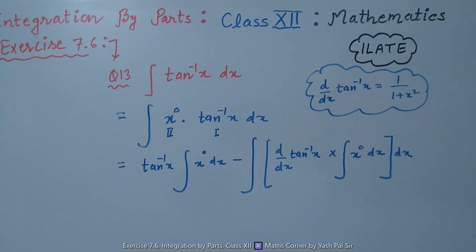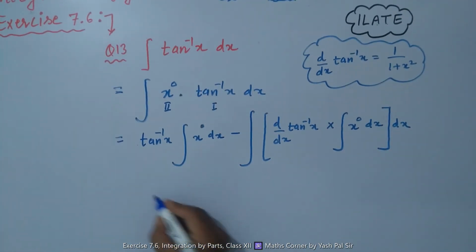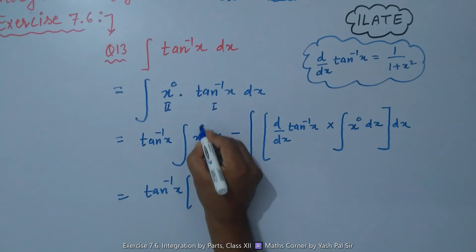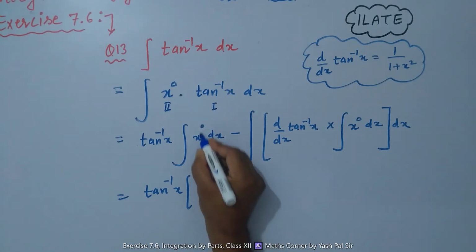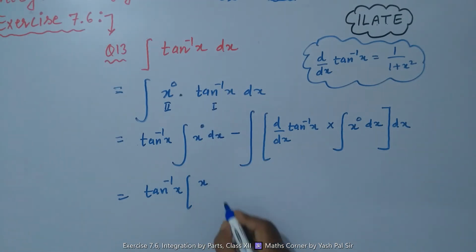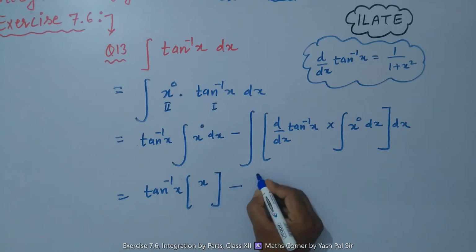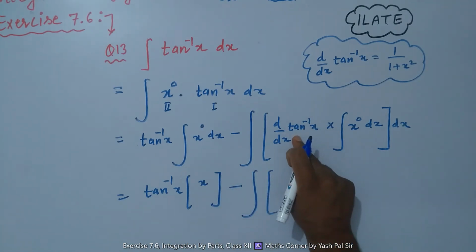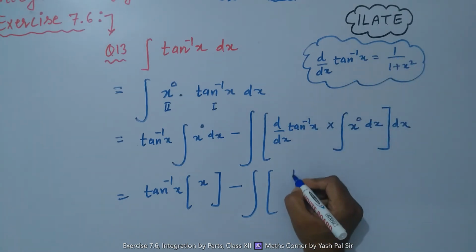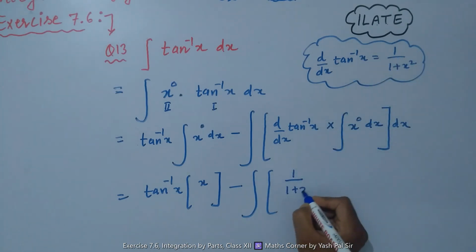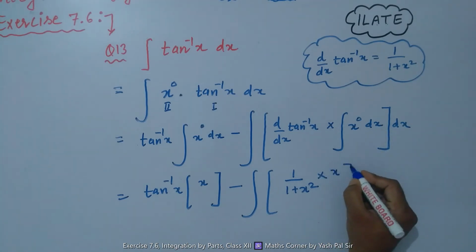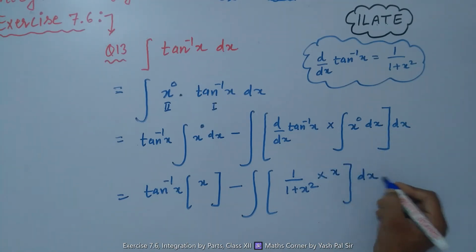So this way, how to solve now further? This means tangent inverse x into integration of x raised to power 0, which is x raised to power 0 plus 1, 1 upon 1, minus sign integration of the derivative of tan inverse x, which is 1 upon 1 plus x square, into, again, x into dx.